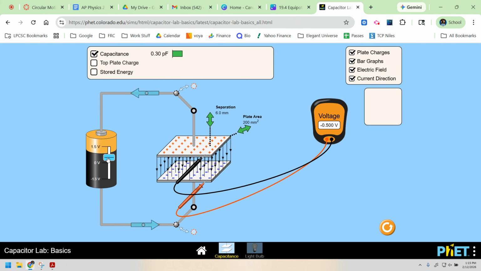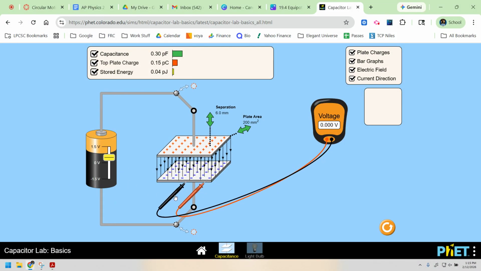So when I increase the voltage, right, here is the capacitance. It's 0.3 picofarads, right? If I look at the top plate charge, it's 0.15 picocoulombs, right? If I look at the energy stored, it's 0.14 joules. The voltage potential is still there though, right?